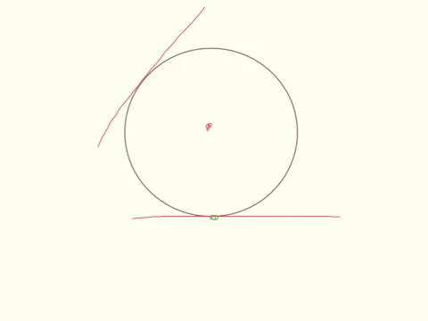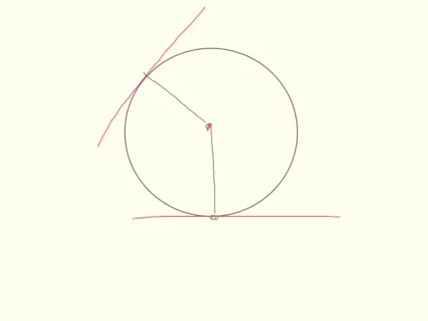What is special about tangents and circles is where the tangent joins to the radius, for example where the tangent joins to the radius here, where they intersect, where their point of contact is.